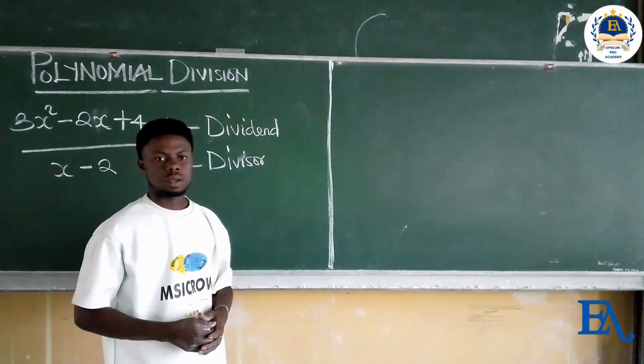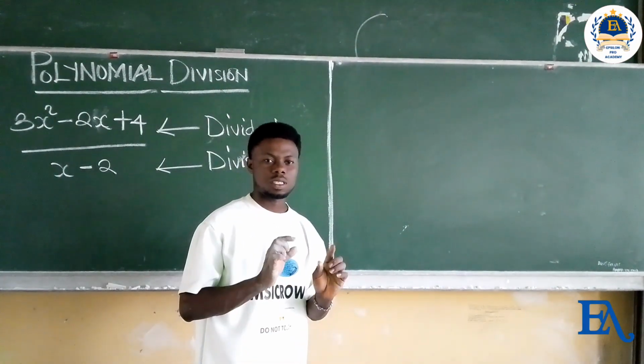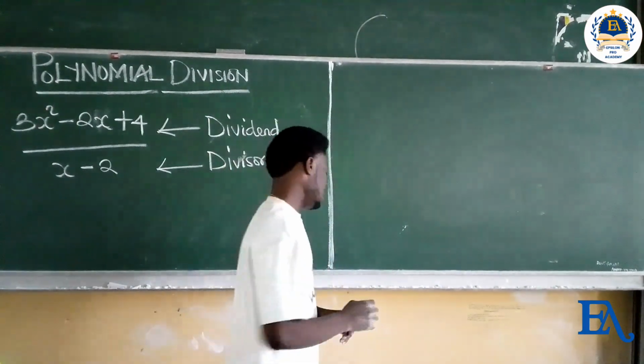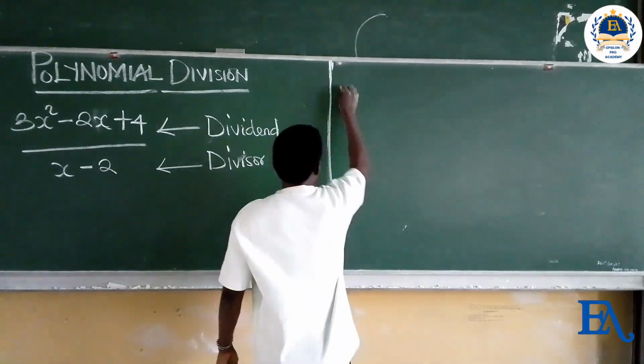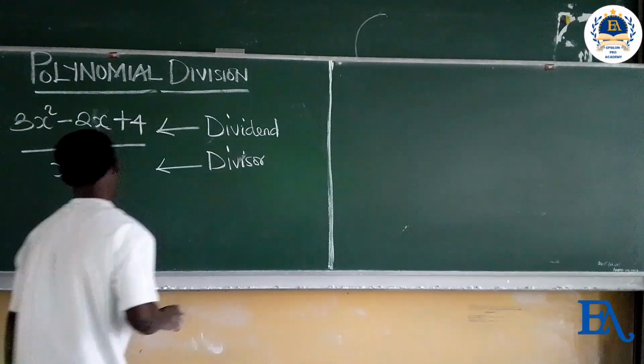To avoid mistake, when dividing polynomial, we must consider these 4 steps. The first is step 1.